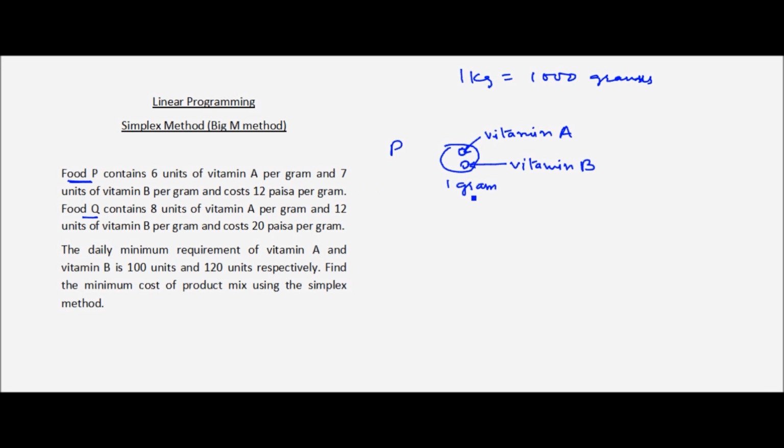So 1 gram of food P costs 12 paise per gram.